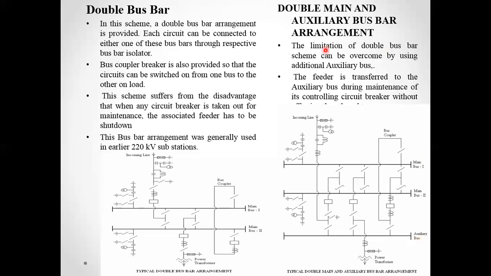The limitation of the double bus bar scheme is overcome by using the additional auxiliary bus. If you remove the circuit breaker, there will be no chance of shutdown. The feeder is transferred to the auxiliary bus during the maintenance of its controlling circuit breaker, so without shutdown of the unit.